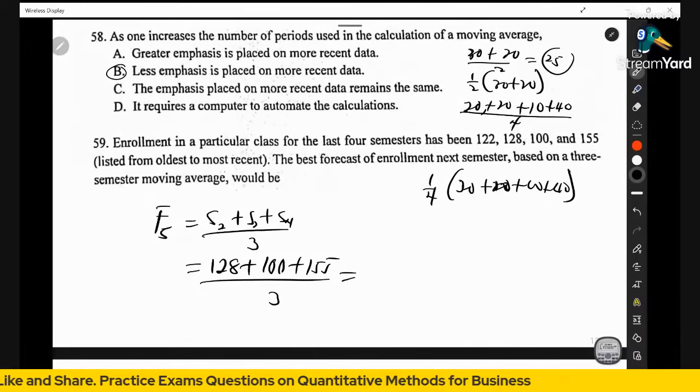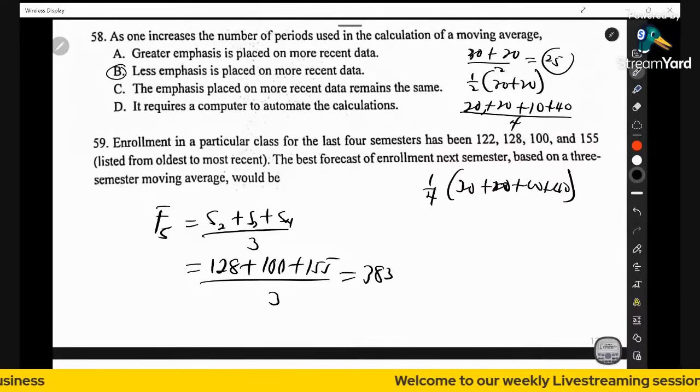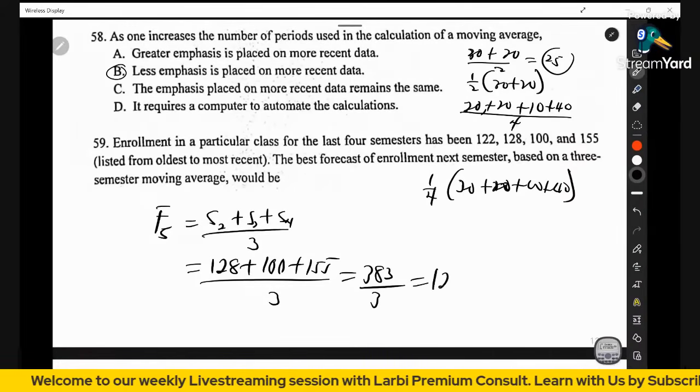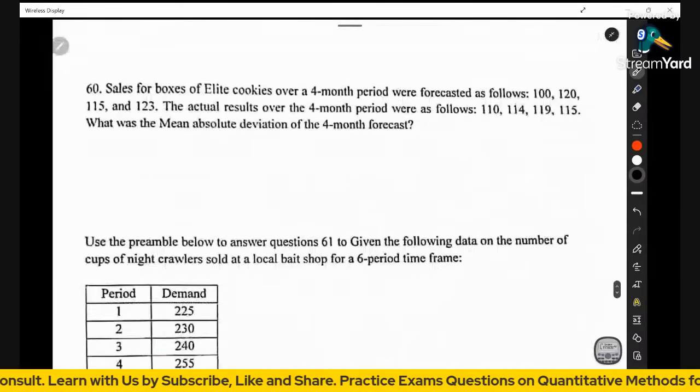At the end of the day, you should be able to get 383, and then divide by 3, and you should be able to get 127. In my case, I have 127, to 2 decimal places 0.67, and you are done. So it's very simple.